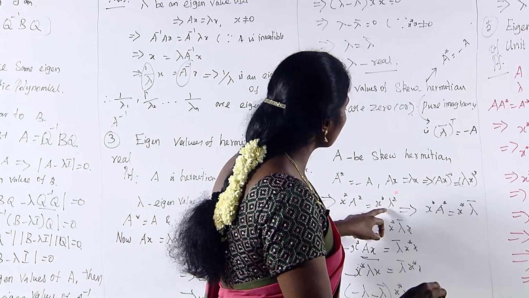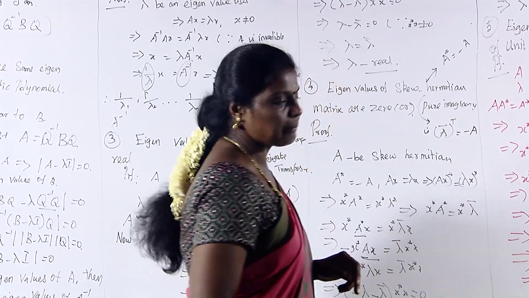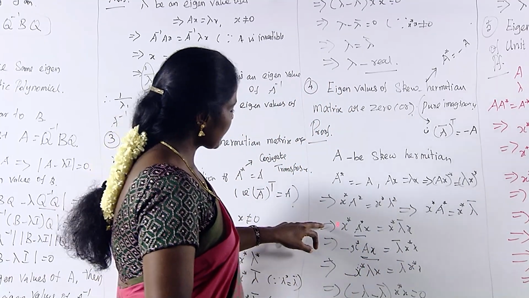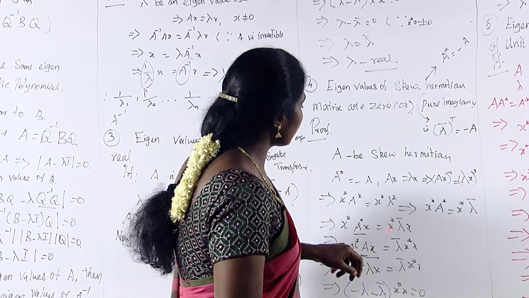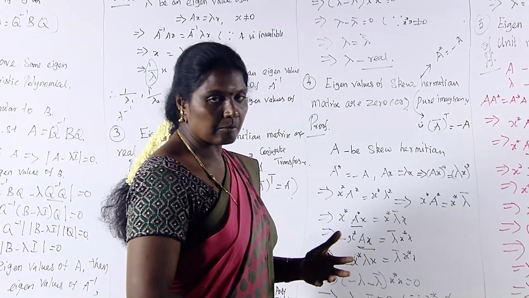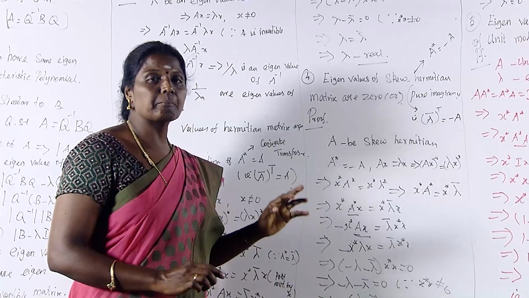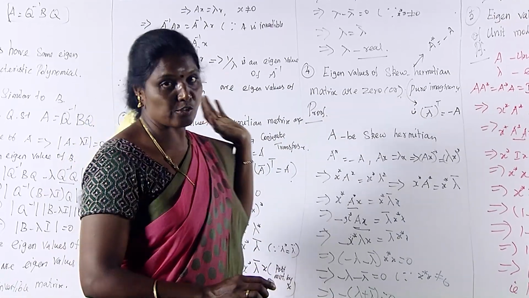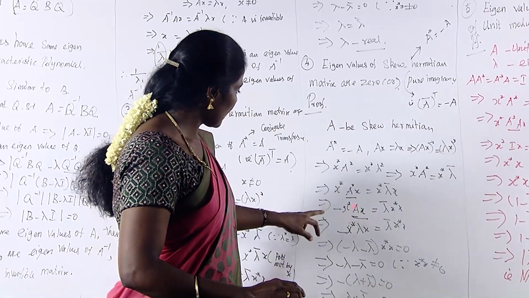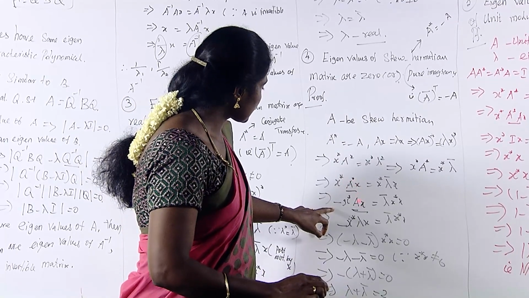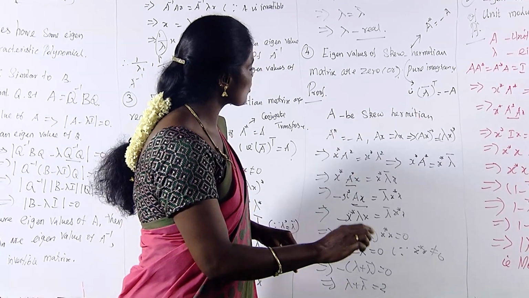I already told that lambda star equal to lambda bar. Now, x star A star x equal to x star lambda bar x. How does it come? I can post multiply by x. Now, instead of A star, I can supply minus A because A is skew Hermitian.